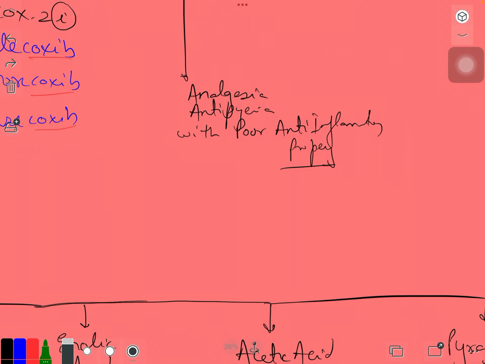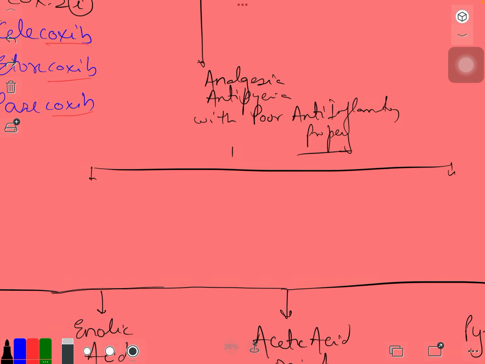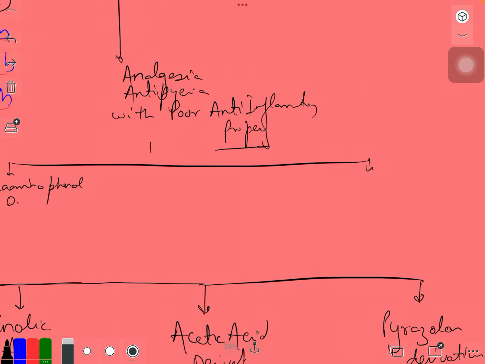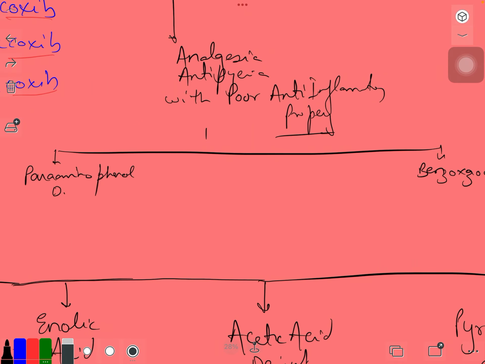And last, the most commonly prescribed drug for this category we already are familiar with, which is the para-aminophenol derivative, and over here the benzoxazocine derivative. No need to remember the class name, just remember the drugs.